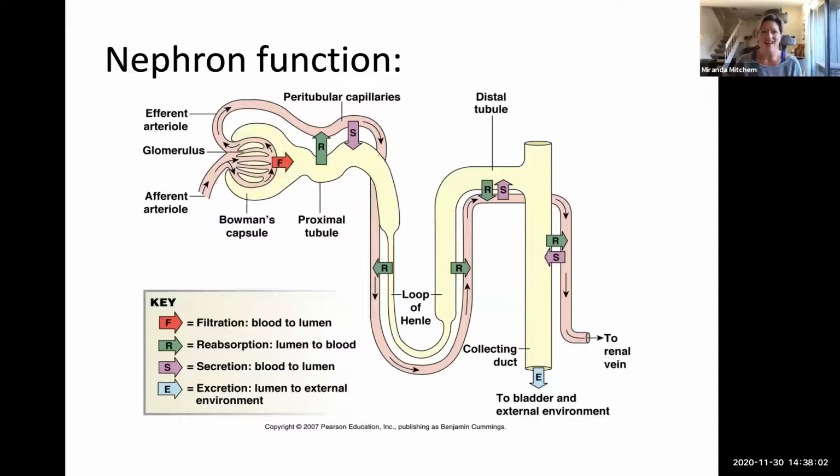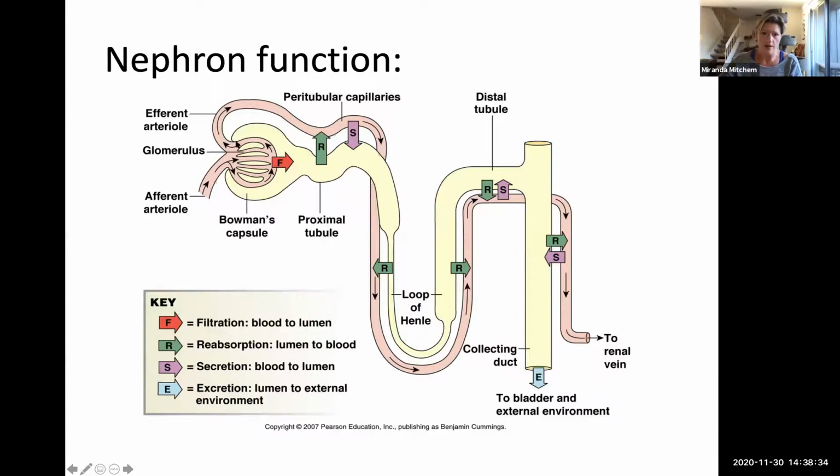Okay, so now let's look at the nephron, and we can apply these different functions to the correct locations here. So we have our afferent arteriole feeding blood into the glomerulus. So this is one of the capillary beds associated with the portal system. And everything that passes through the epithelial layers of the glomerulus is what becomes filtrate.